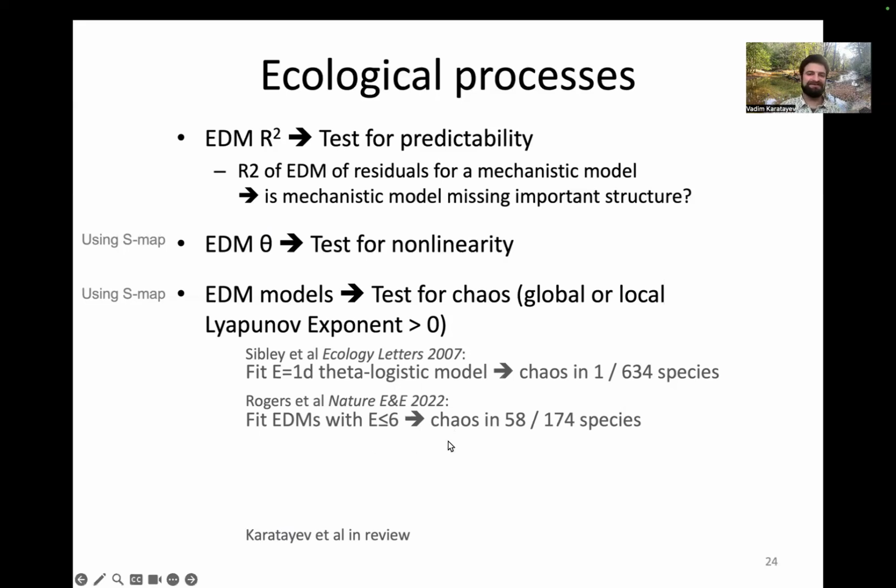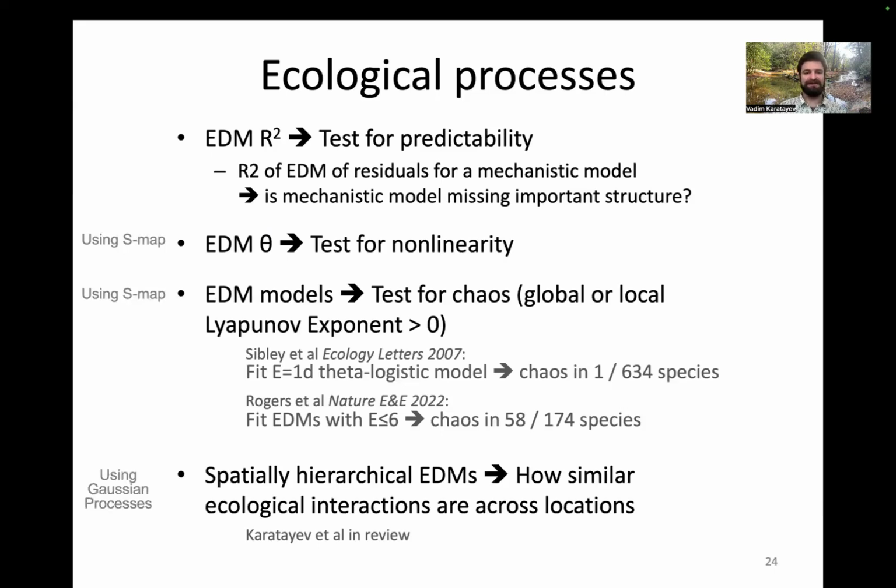More recently, Rogers and Munch took the same set of time series, a little bit trimmed, and fit EDM models with dimensionality up to 6, which is saying that ecosystems aren't necessarily one-dimensional. When we do that, we find chaos in about 30% of species, more so in short-lived species. So we've learned that chaos is not necessarily rare in nature.